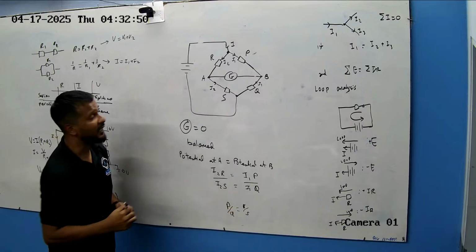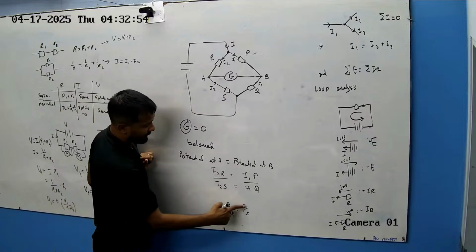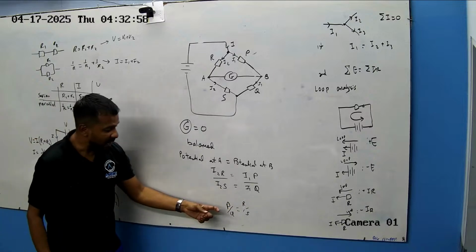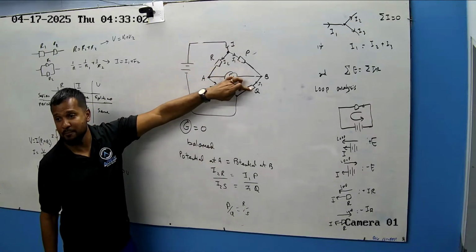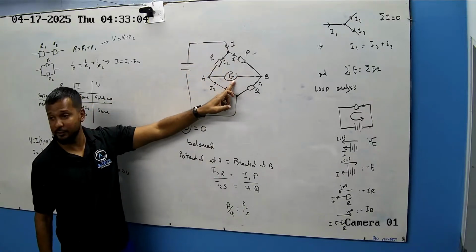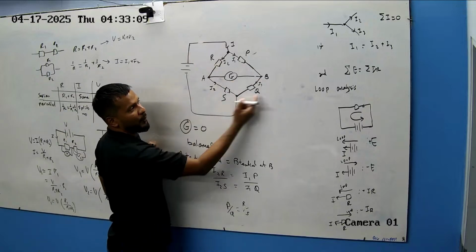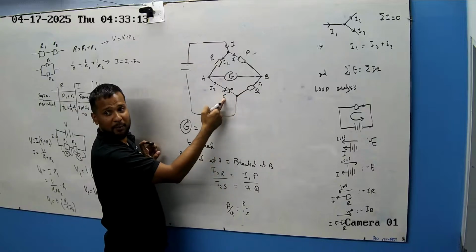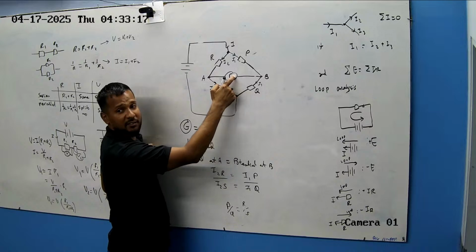So here's the use of a Wheatstone bridge. If I know three resistors, I can find the fourth, Q, provided it is balanced. Suppose I want to find Q. One way is to alter one of the resistances, like with a rheostat, until the G value is 0.